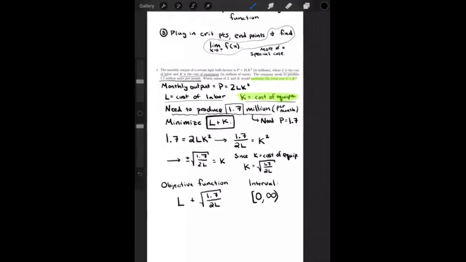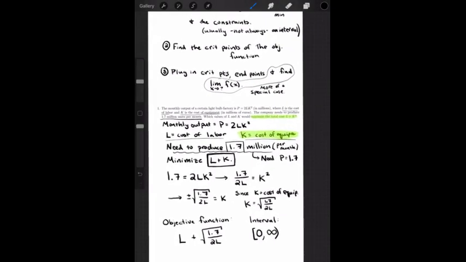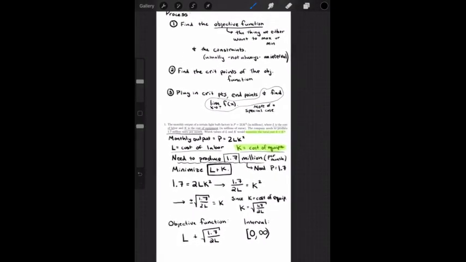So according to our process up here, now that we have found the objective function and the constraints, our next step is to find the critical points of the objective function.